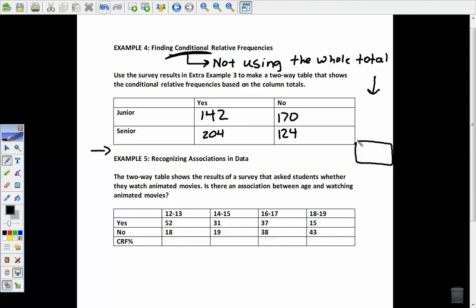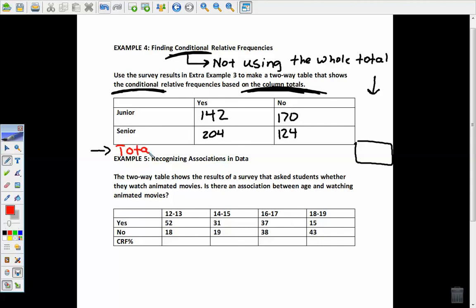We're going to use that survey that we just looked at to make a two-way table that shows the conditional relative frequency based on the column totals. Column meaning up and down. Okay, so here's how this works. Let's find the totals of each column.